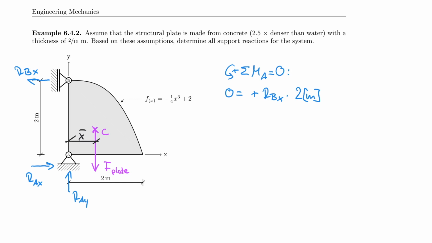And now I have the F plate multiplied by x bar, and that turns clockwise, so therefore that is negative. And I will be able to solve that equation in just a second for RBX. But before I do that, what I need to do is find how heavy is my plate and what is my x tilde.